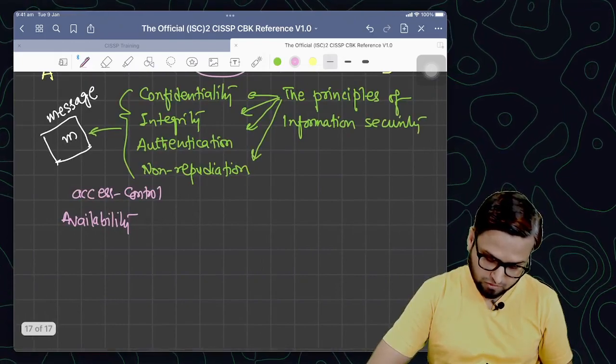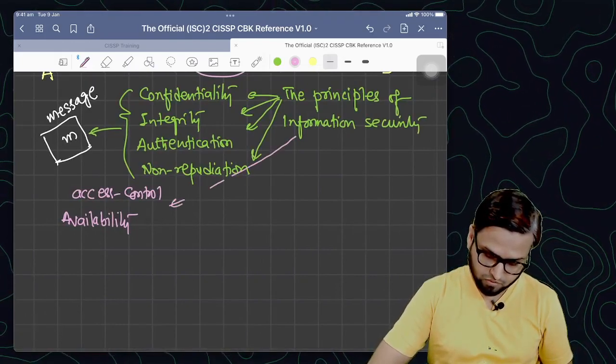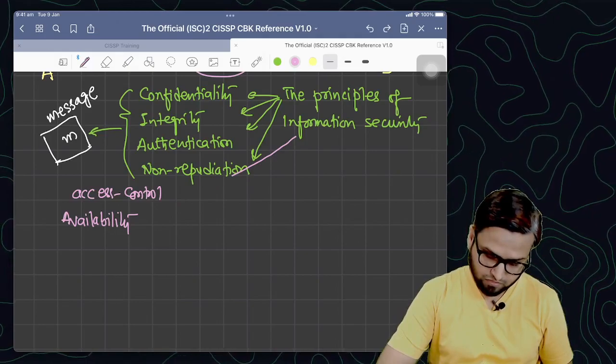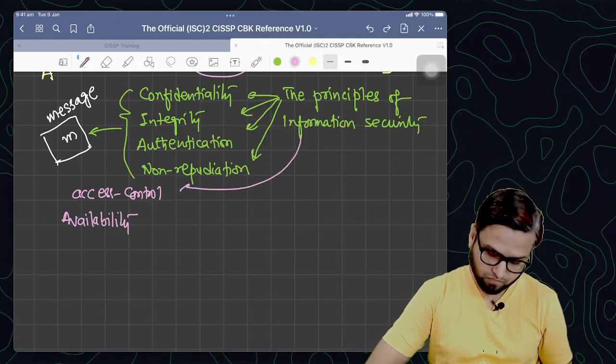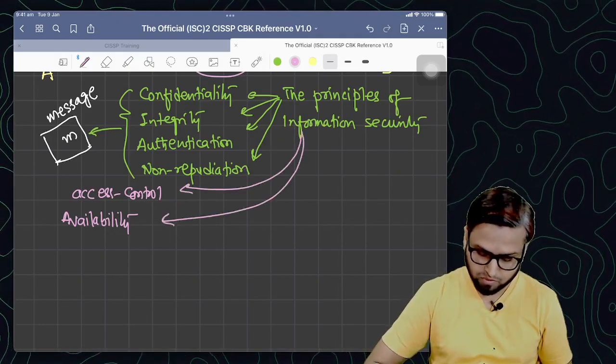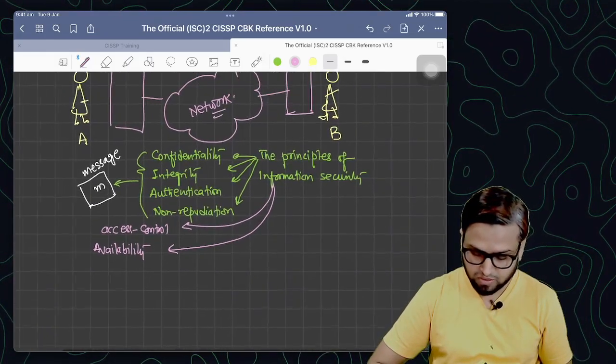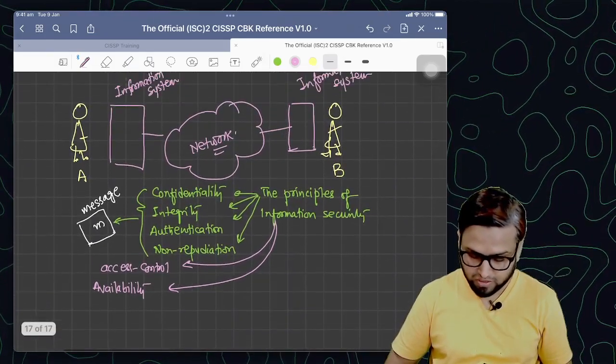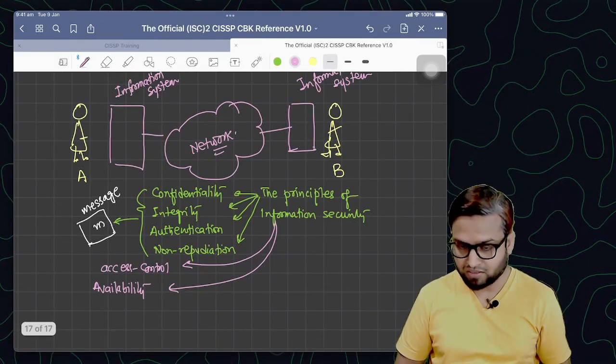These are also principles of information security, but the uniqueness of these two principles is that they are not directly related to the message itself.